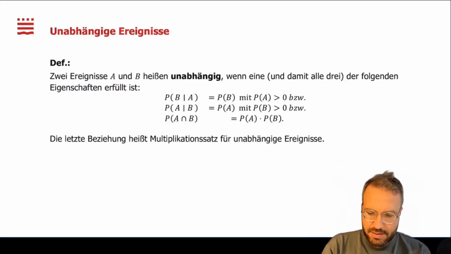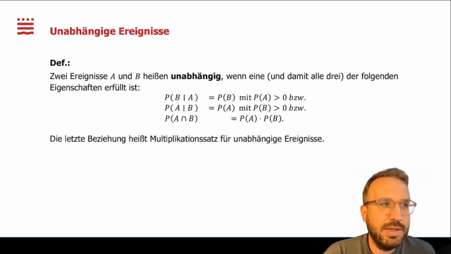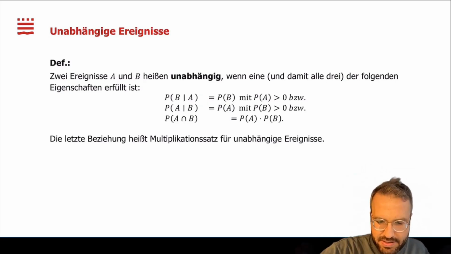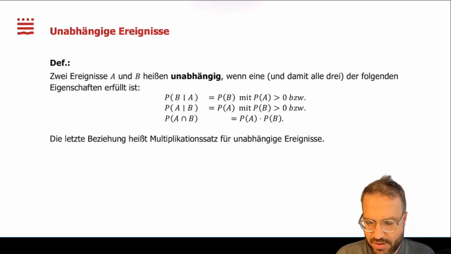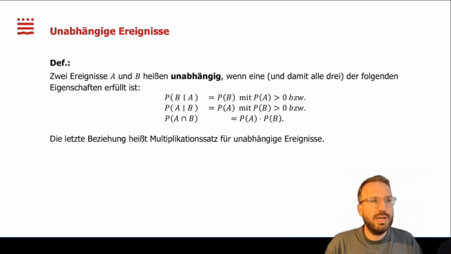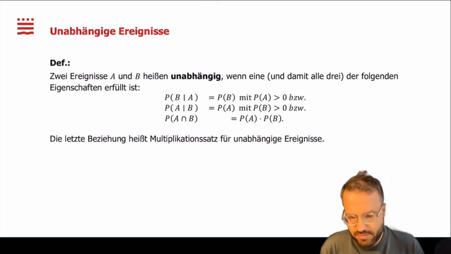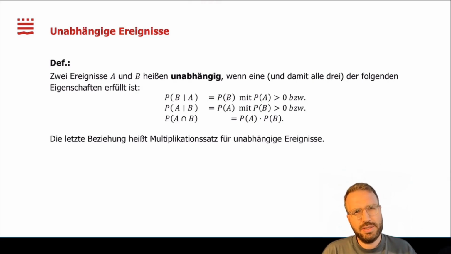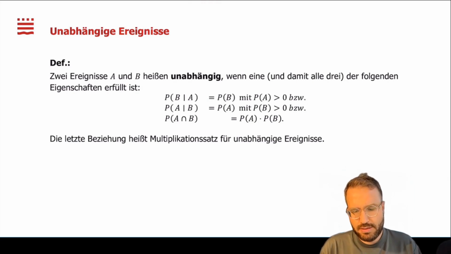And finally, let's take a look at when two events are indeed stochastically independent, or as we simply call it, independent. There are three ways to verify that. Let me first briefly explain what we mean.